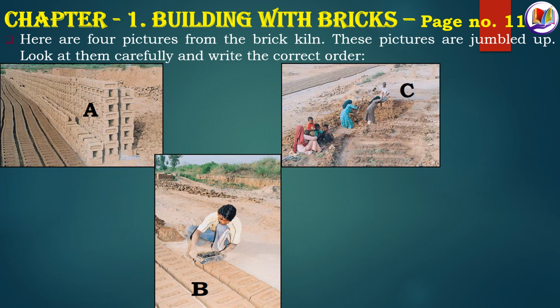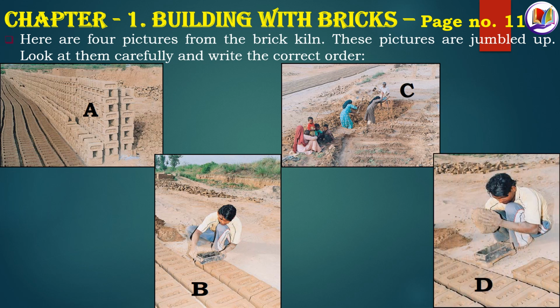Picture C, you can see some people digging the soil and trying to remove it for making a brick. Then D, we see the boy trying to put the clay in the mold to give it the shape of a brick. So before we move on to write the correct answer, let's first try and understand how a brick is made.